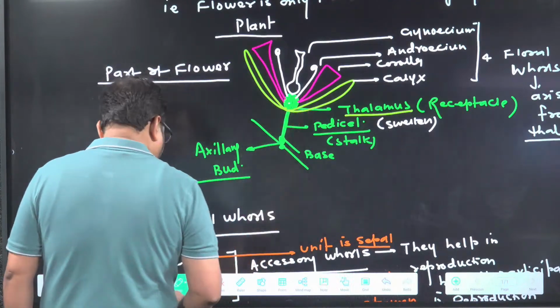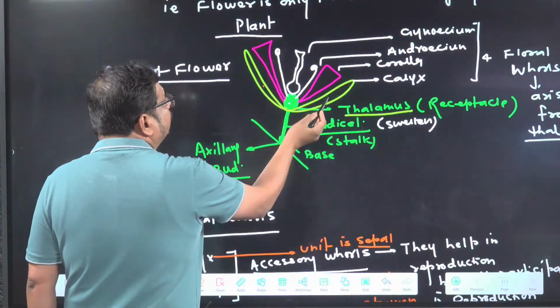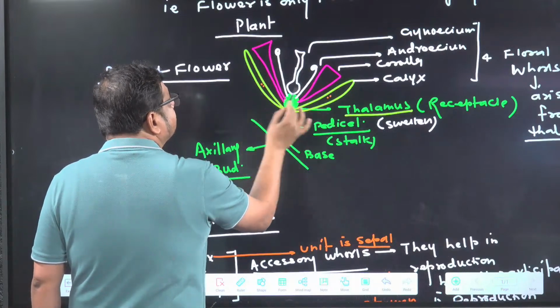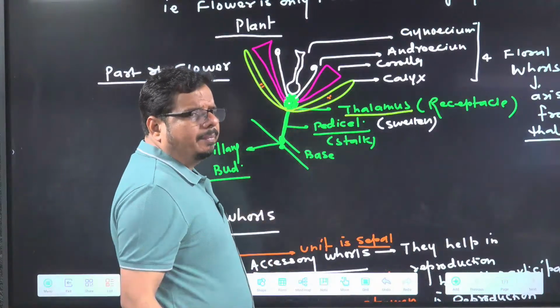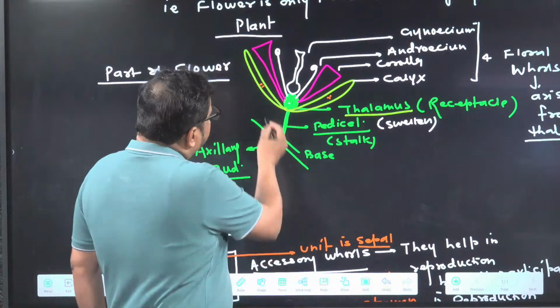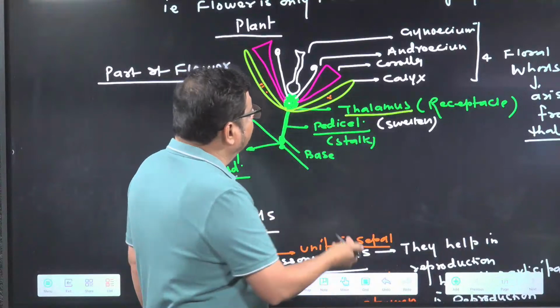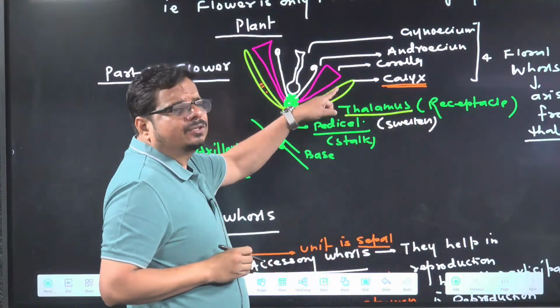Suppose that I am making this here. In this diagram, I have shown two for your understanding. These are the whorls. It consists of two sepals or more than two sepals. It may be 4 sepals, 5 sepals or more. But it is the outermost layer, the outermost whorl. So the whorl's name is calyx. Its one leaf is called sepal.